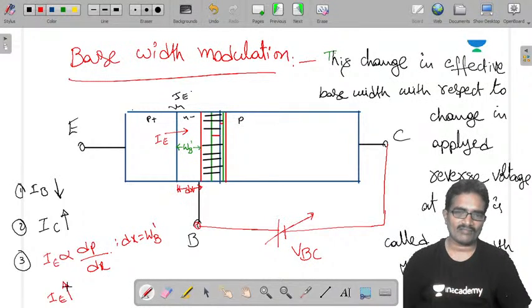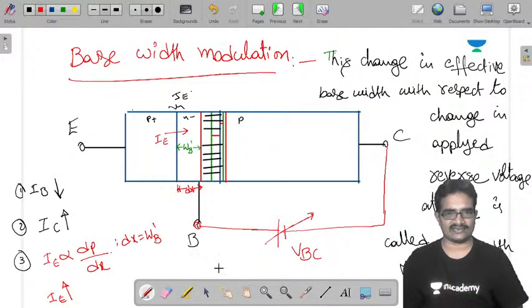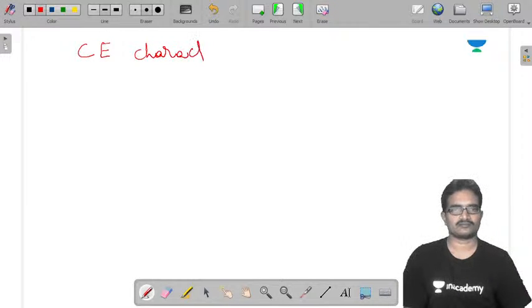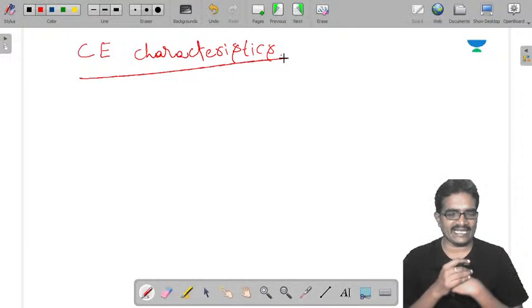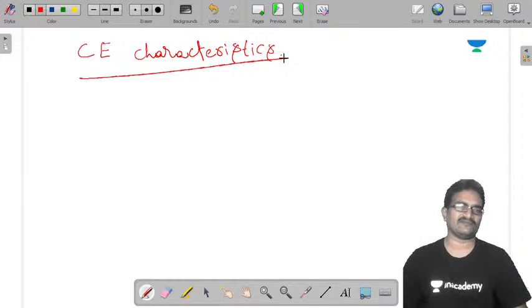Okay, fine. So these are very important to understand the transistor characteristics. Now I am going to CE characteristics. You can take any characteristics, either CE, CB or CC. There are two types of characteristics.